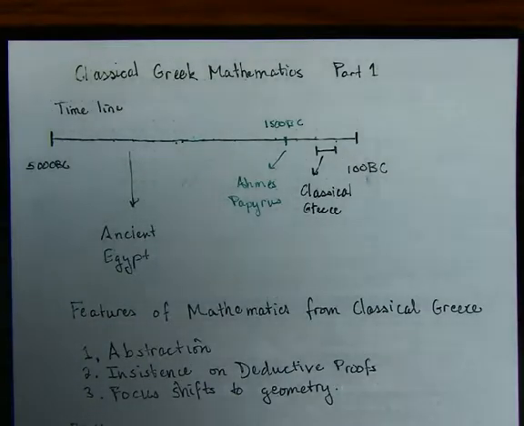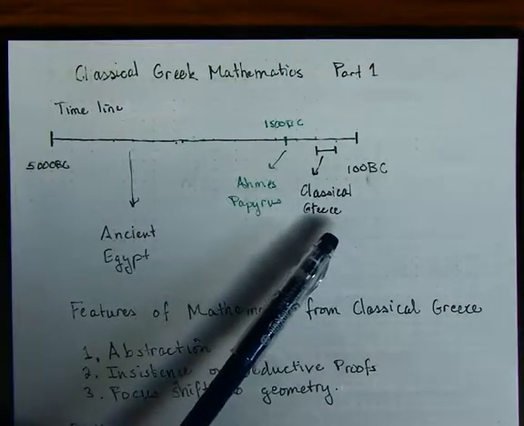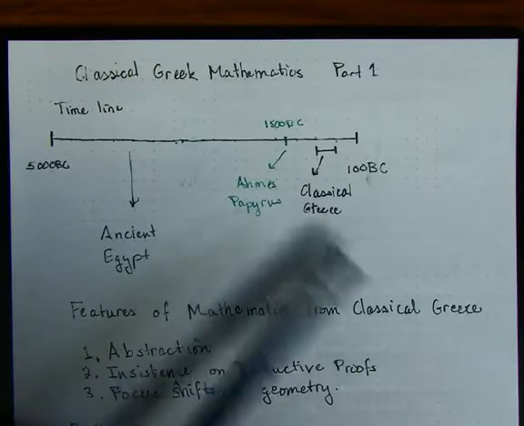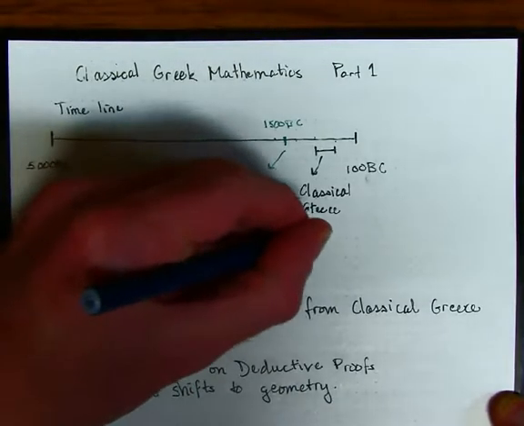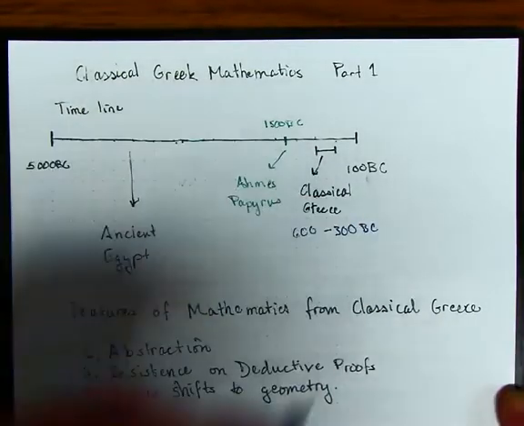Now, the classical Greek civilization that we will be talking about in this video lasts from 600 to 300 BC.